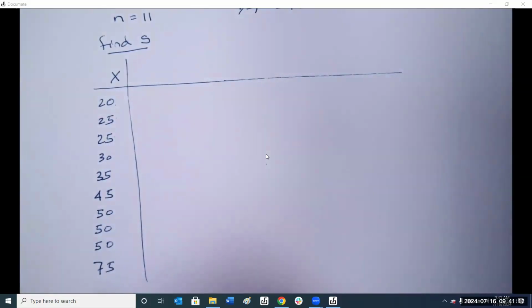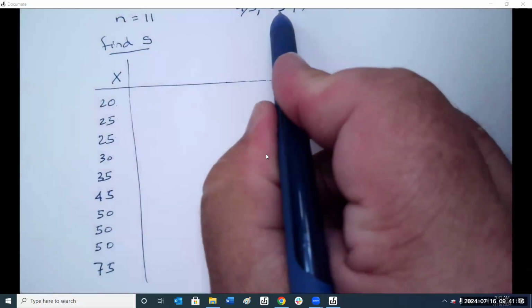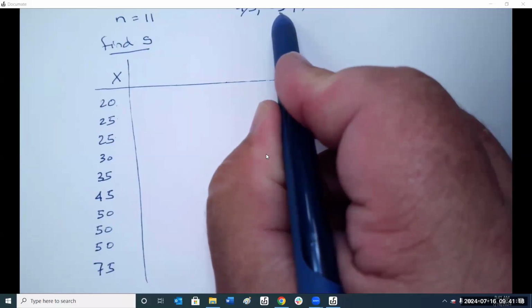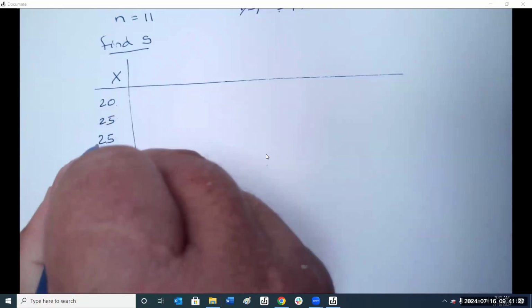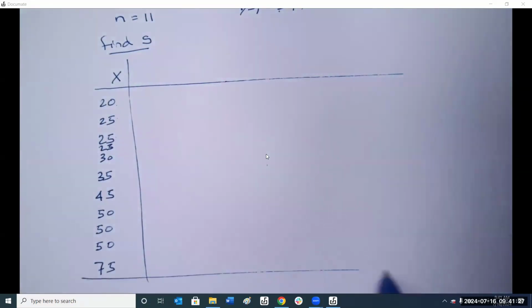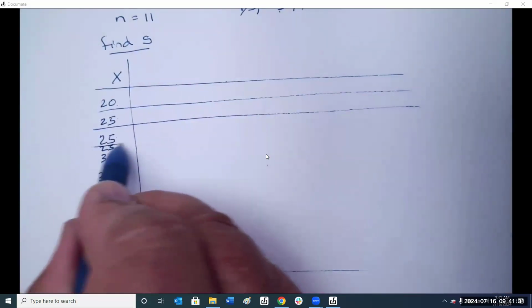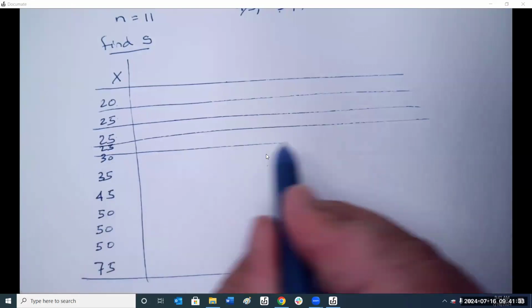Oh, I'm missing one. There's another 25. So there should be three 25s. That's right. Always check to make sure you have the right number of data points.